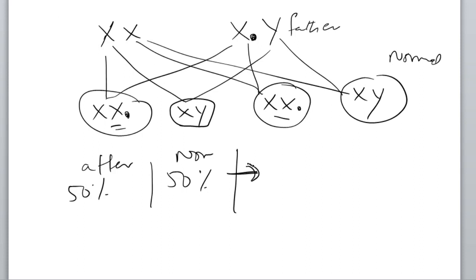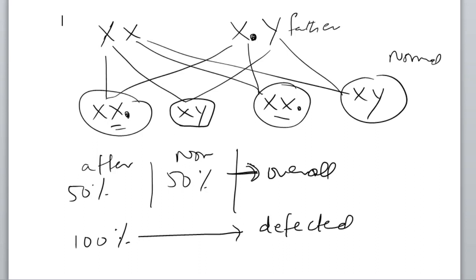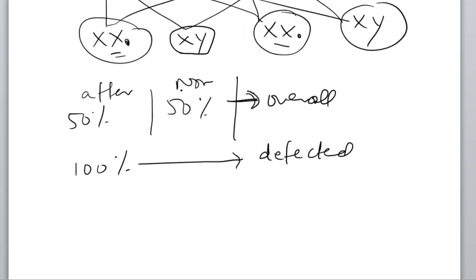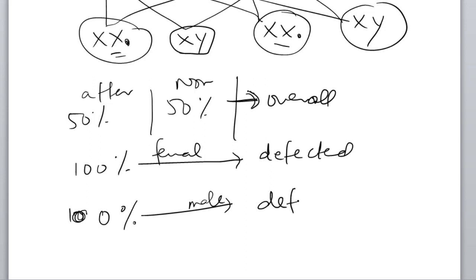If they ask about the male and female perspective, because there are two females and both of them constitute 100%, you will say 100% are defective. So easy. And if you come across a male perspective, then you count the males. There are two males. How many males are affected? 0% of males are affected. So males are 0% affected.